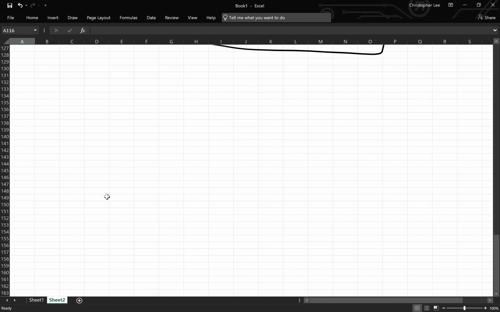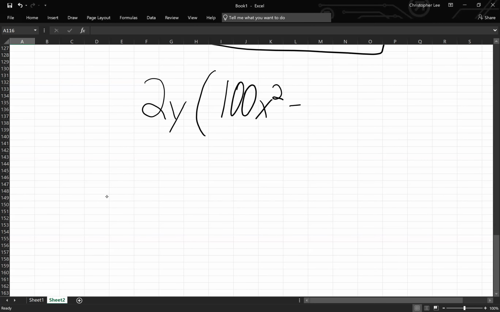All right, so let's say, for example, it was 2y times, let me do something hard, 100x squared minus 81y squared. You would have to then factor it. This would become 2y times what?